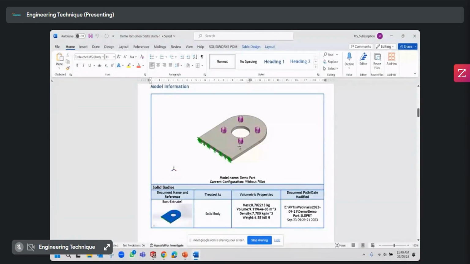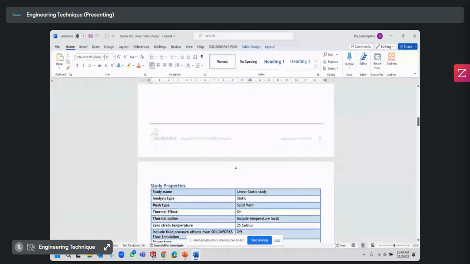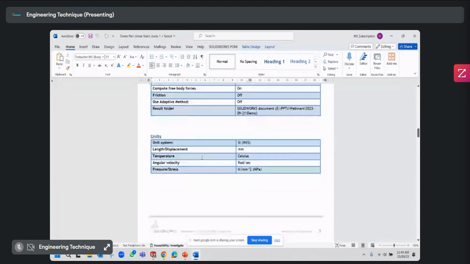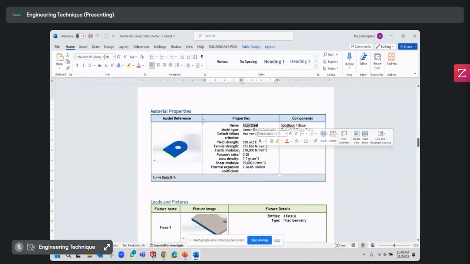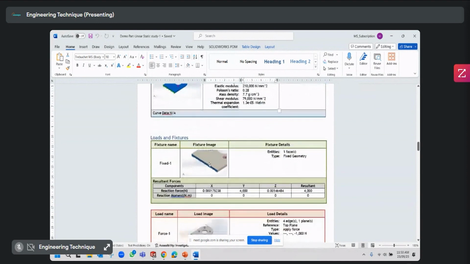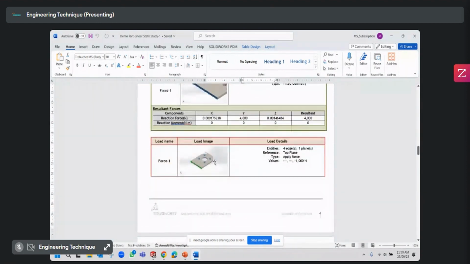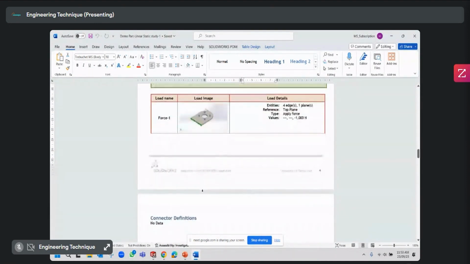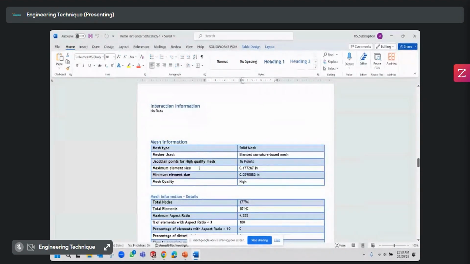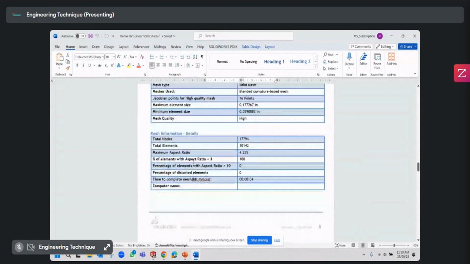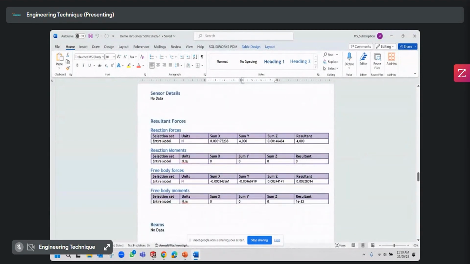These are the assumptions, the model information, then study properties, units, and the material properties, where we have applied alloy steel. Then the fixture part, where the fixture is applied, the forces, the values of the forces, and other contact information, mesh details, and at last we got the results.